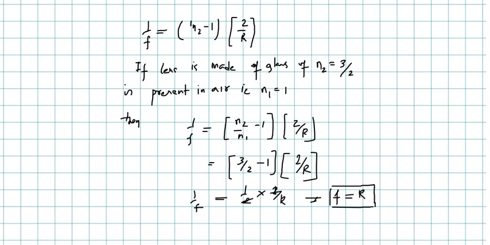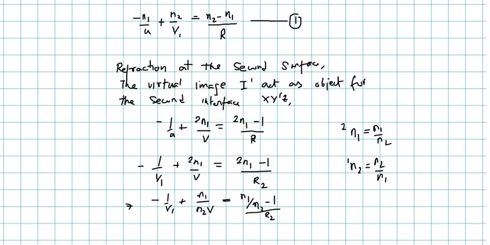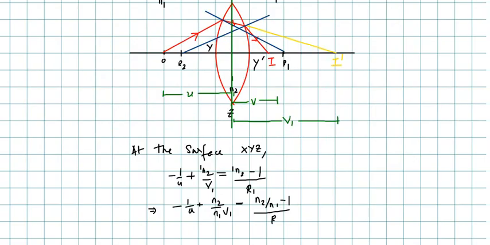So if I give you a question in future numericals that says the radius of curvature of the lens is 20 centimeter, you will understand the focal length is also 20 centimeter. So this is a very important result from the relation. We will be doing more numericals on this as we have introduced the lens maker's formula. This is another advanced topic in refraction, actually a practical application of refraction. Okay, see you in the next topic.